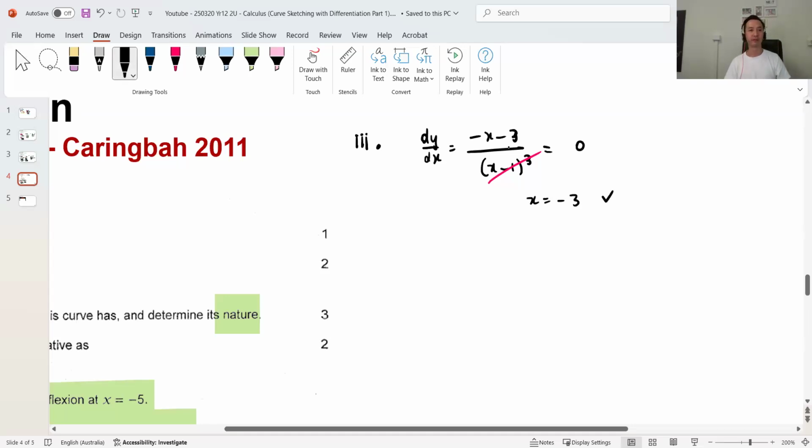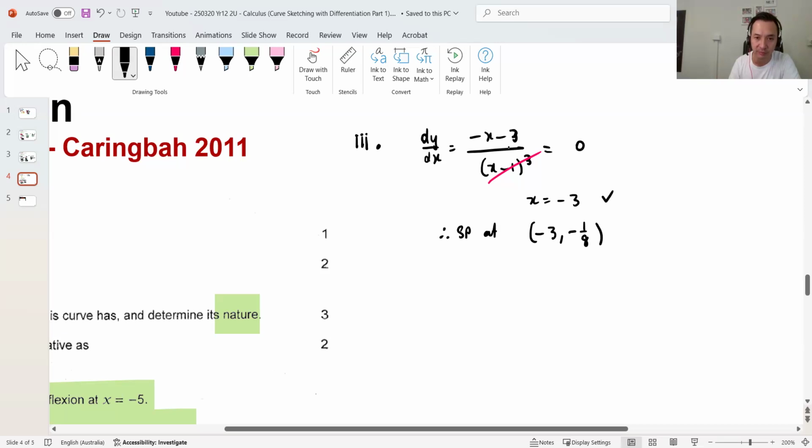So, therefore, stationary point at minus 3, something, right? When you sub it into the original, I think you get negative 1, 1, 8. Can you check that, please? Yep, I think that works out.